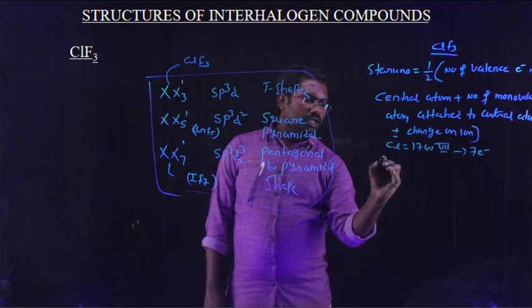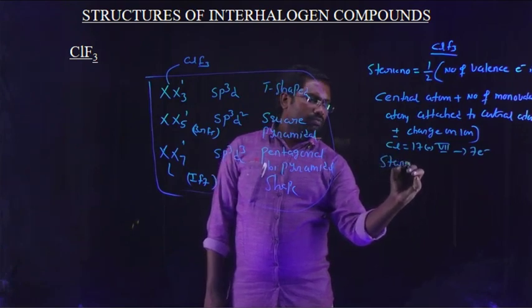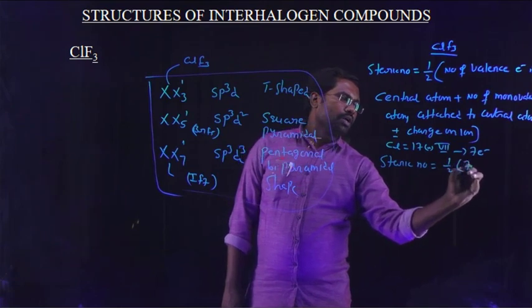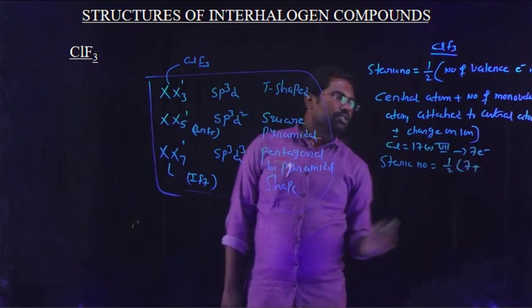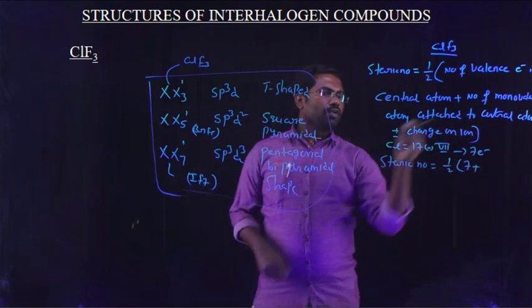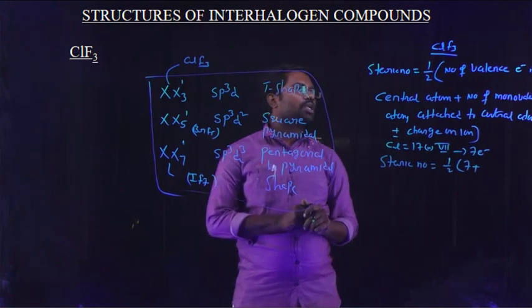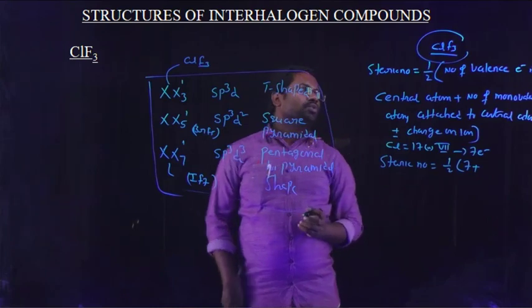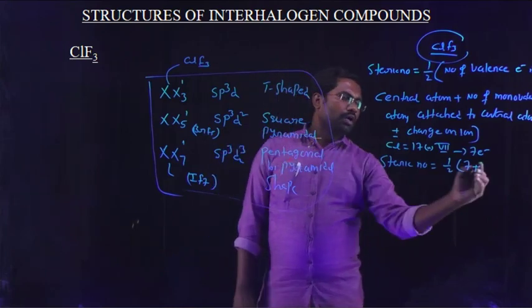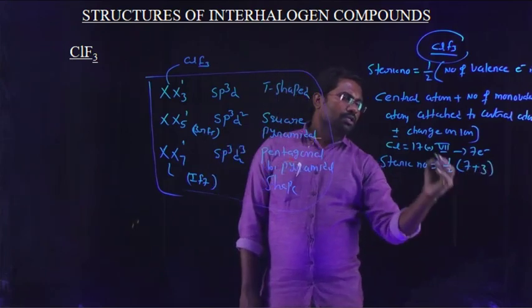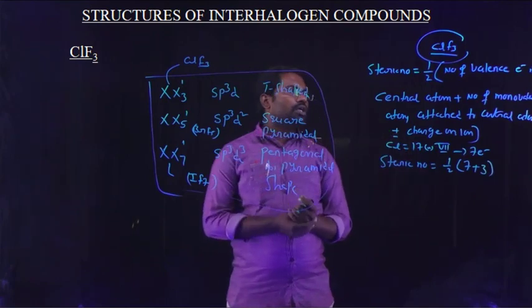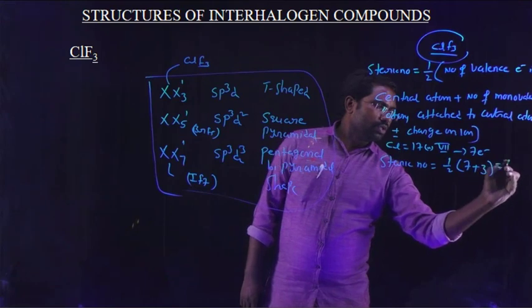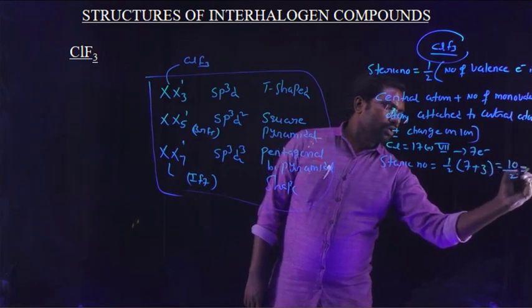Therefore, steric number is equal to half into 7 plus the number of monovalent atoms attached to the central atom. Here in ClF3, 3 fluorine atoms are attached to the chlorine, so the number of monovalent atoms is 3. There is no charge, that is 0. Therefore, this is equal to 10 by 2, that is 5.